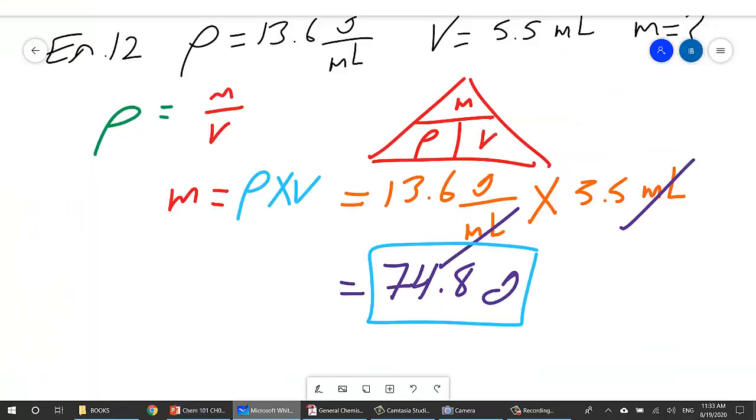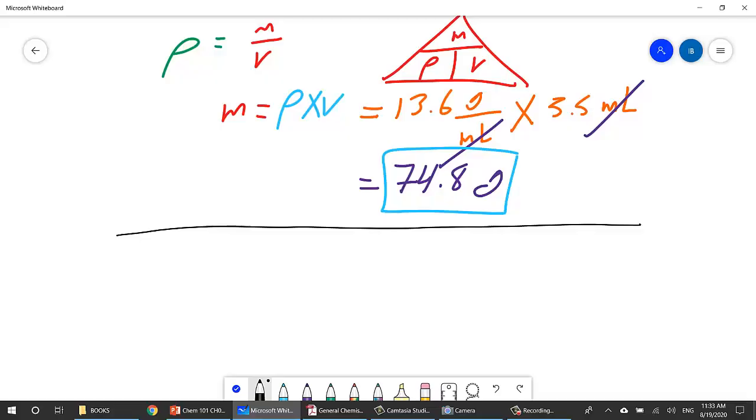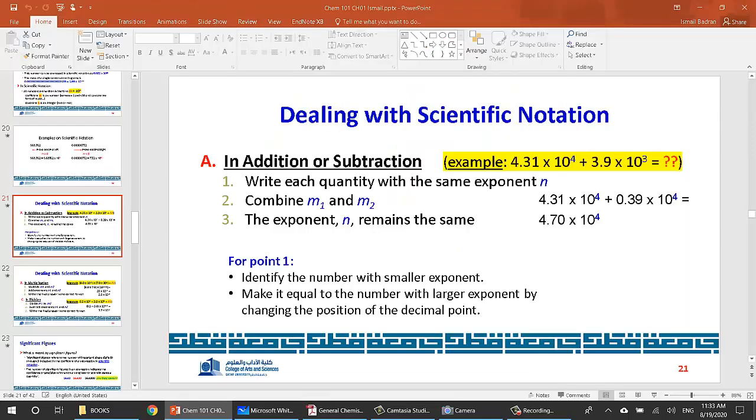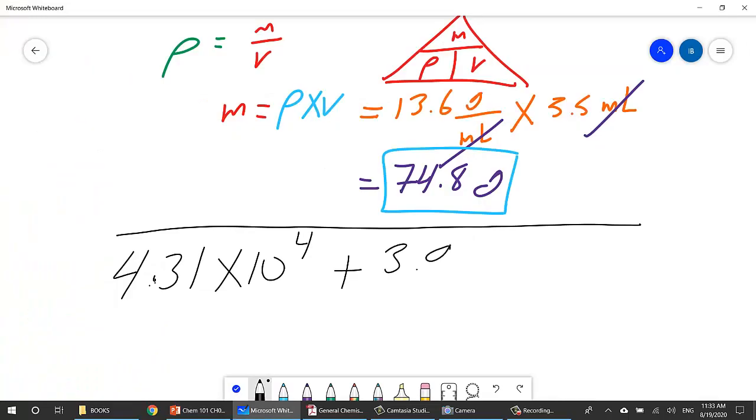I'm going to transfer this to my whiteboard. So here I have 4.31 times 10 to the power 4 plus 3.9 times 10 to the power 3.